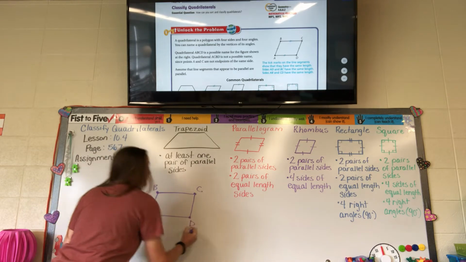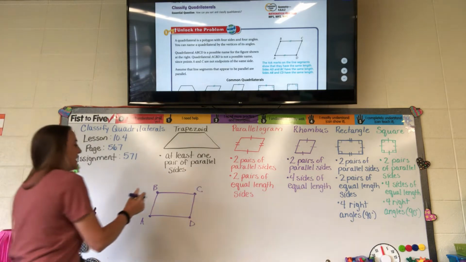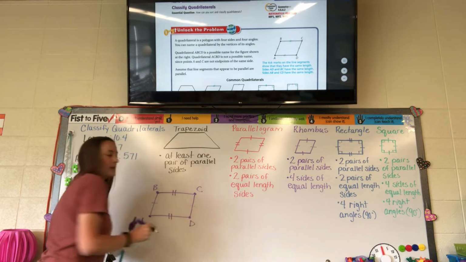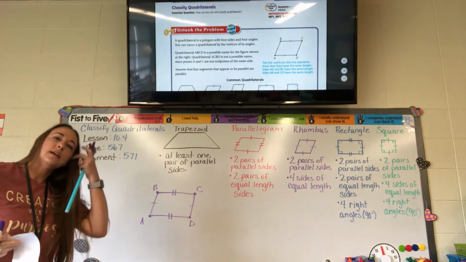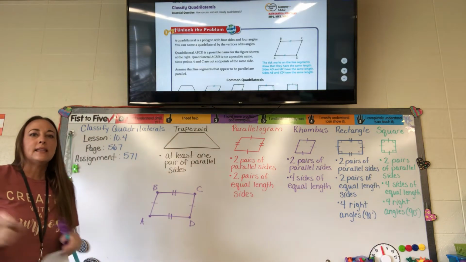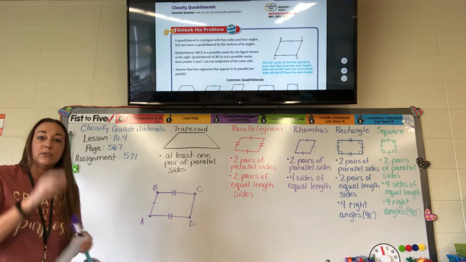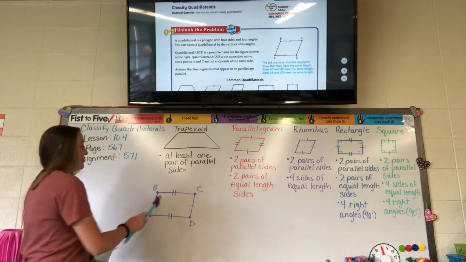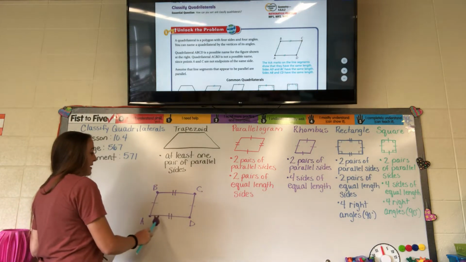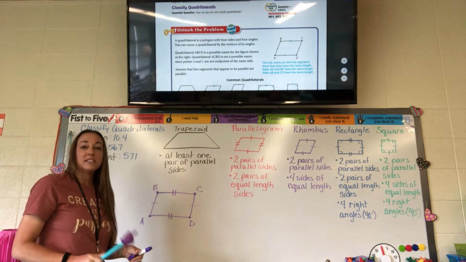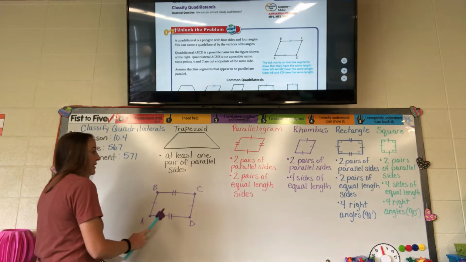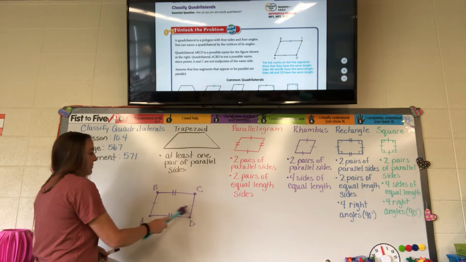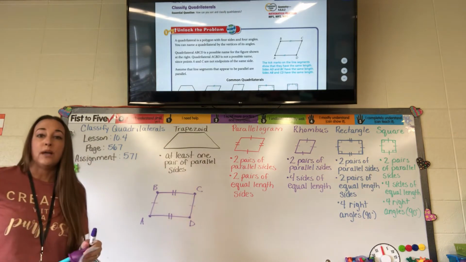If you'll notice, they have these little marks, kind of like tally marks on the sides, and that shows that the sides that have the same number of little tally marks are the same length. So the top line segment and the bottom line segment are the same length, since they have 2 of these little lines, and then this line segment and this line segment are the same length because they have just 1.